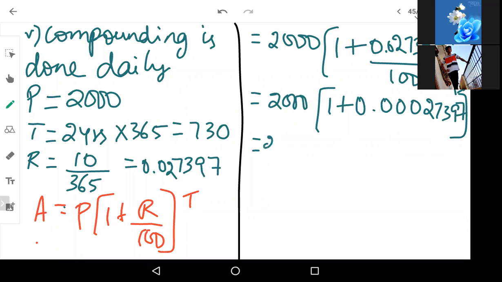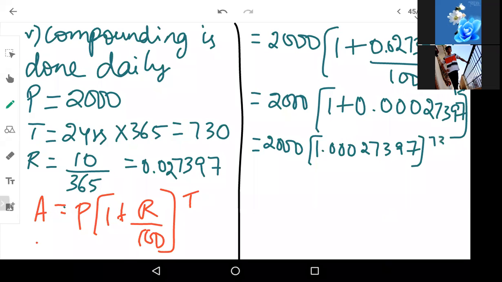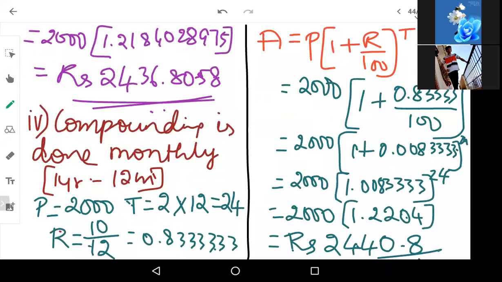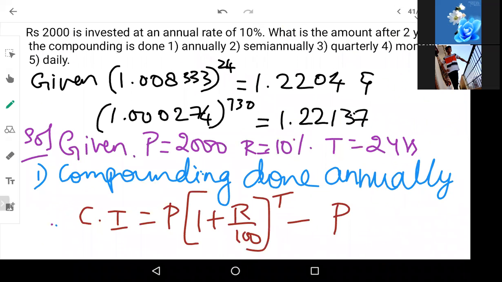Now, 2000 into 1.00027397 to the power 730. If you go back to the question, this data is also given to us. 1.000274 to the power 730. What is the value? 1.22137. Use this.